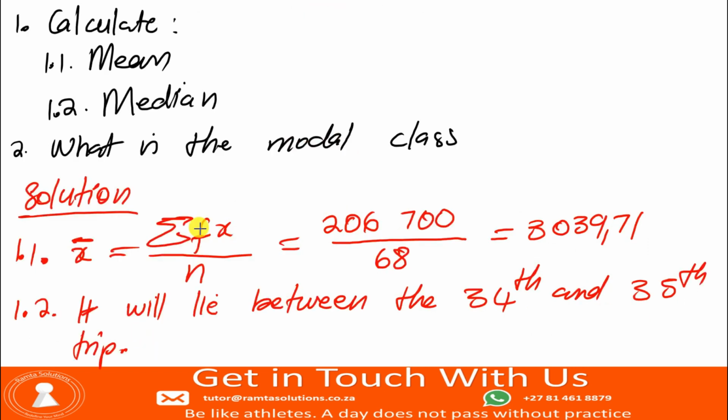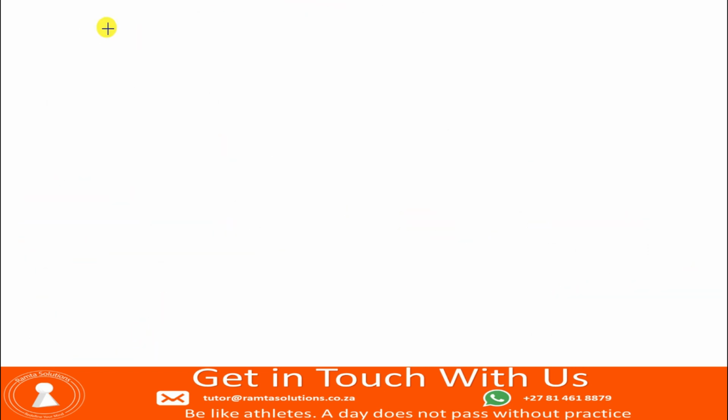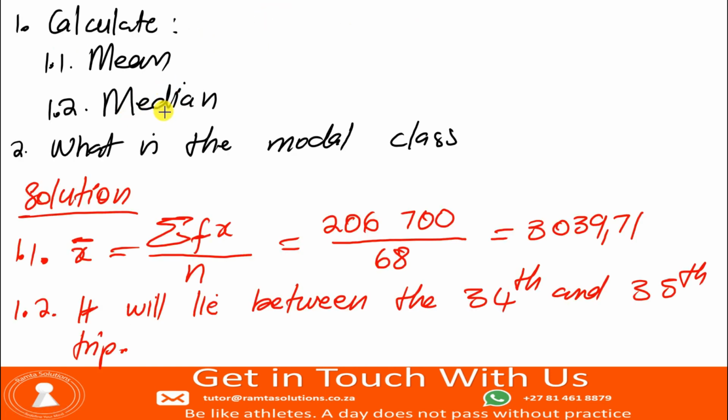Therefore, our median is 3,050. Remember, the question was not asking us to find the class interval of the median. It was asking us what is the value of the median.